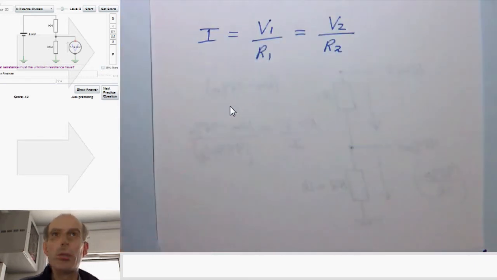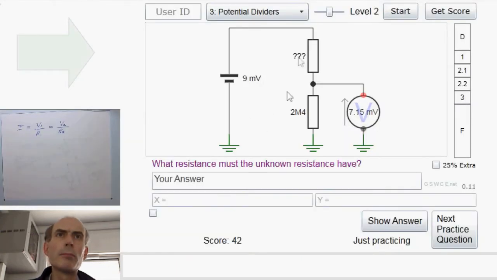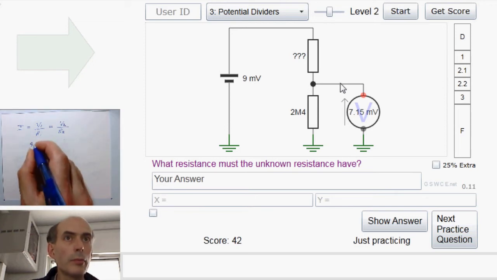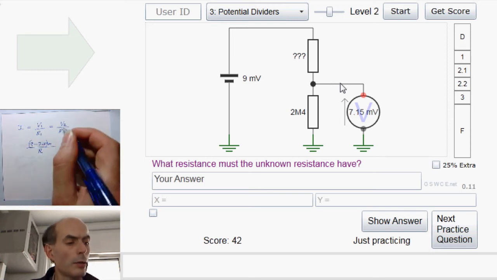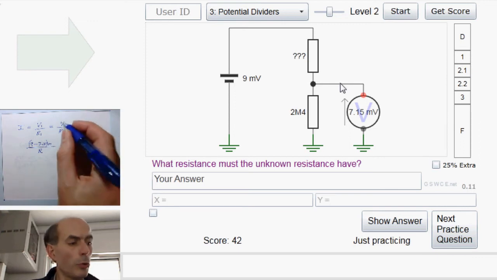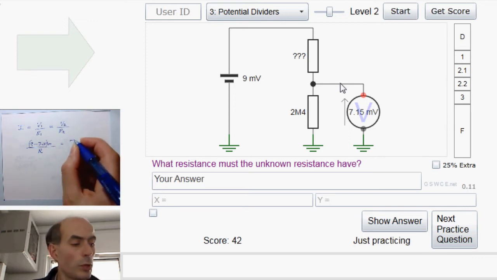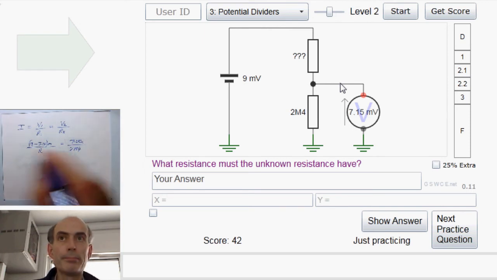Well, here, the voltage across the top resistor is going to be 9 minus 7.15 millivolts divided by this unknown resistor here for the current, and the voltage across the bottom resistor, V2, is just 7.15 milli divided by, we know this resistor, 2 meg 4.